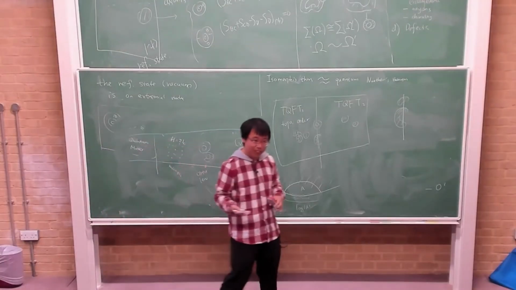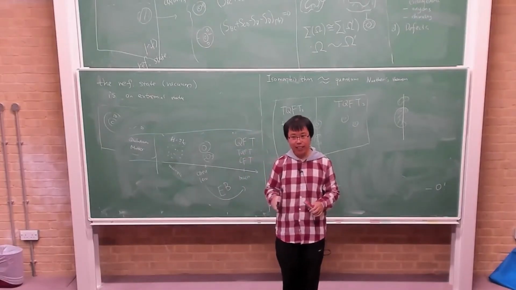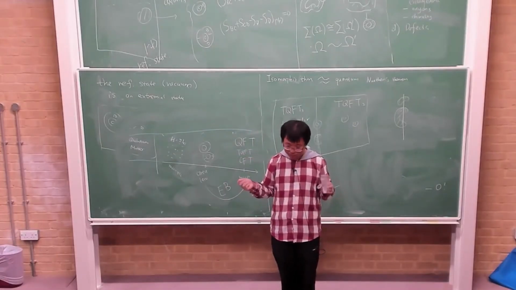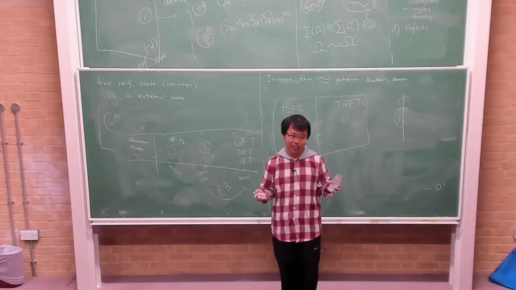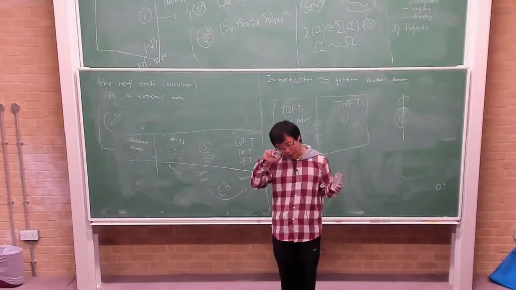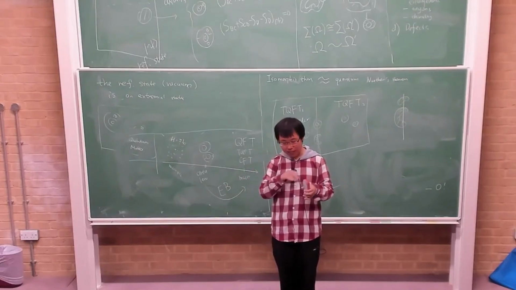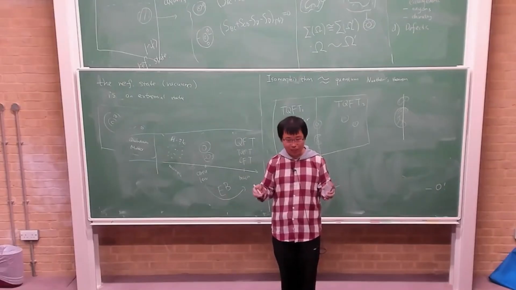So the bootstrap result, okay. Maybe I could say the following. In the 1980s, there was the conformal bootstrap in 1+1D. It started with the BPZ paper. They started by assuming some conformal symmetry in 1+1D, like the Virasoro algebra and so on.